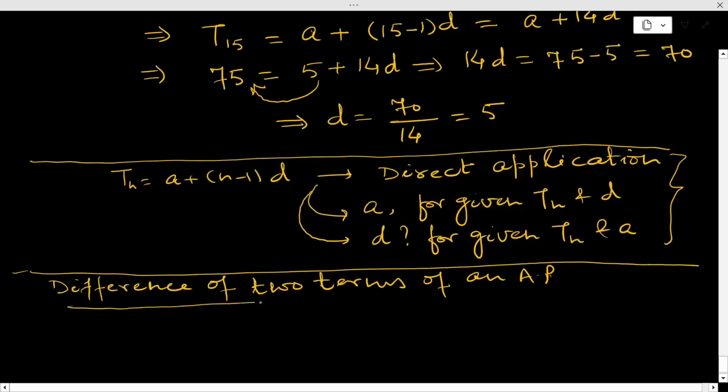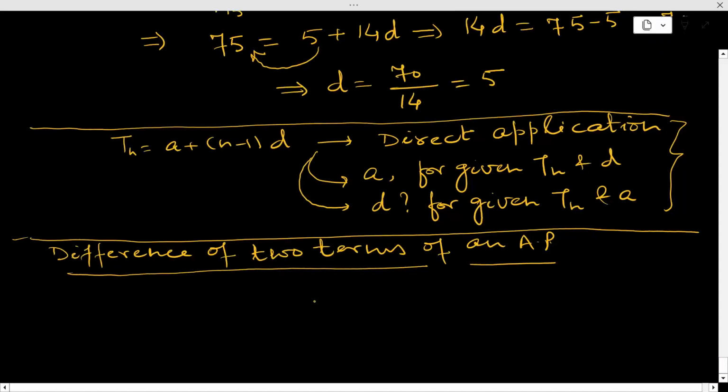Okay, so if you are given two terms and you have to find out the difference, means you are not provided the first term, all you have is the values of two different terms.